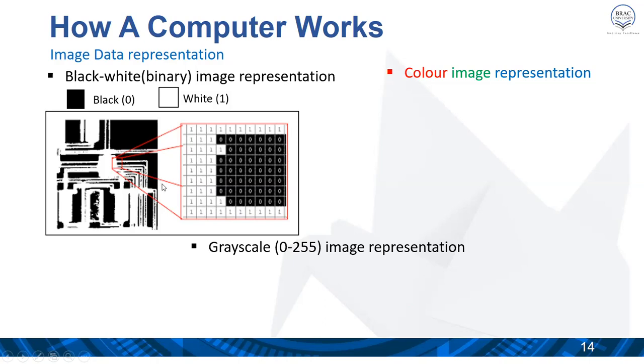Actually, if we convert all the binary image or black and white image, we need an equal number of bits, which is the array or matrix of the 1 and 0 pattern.